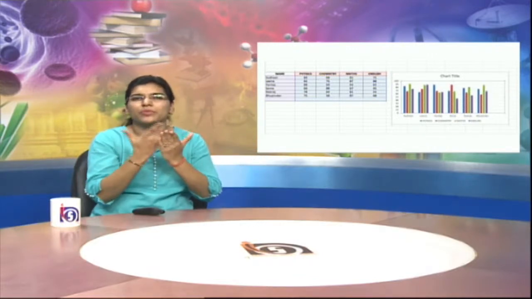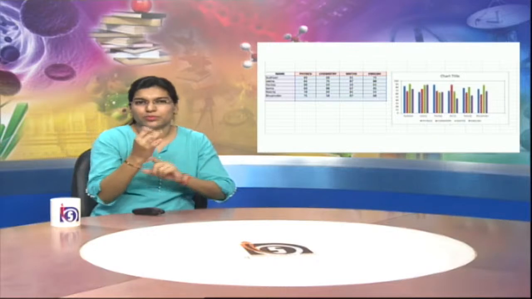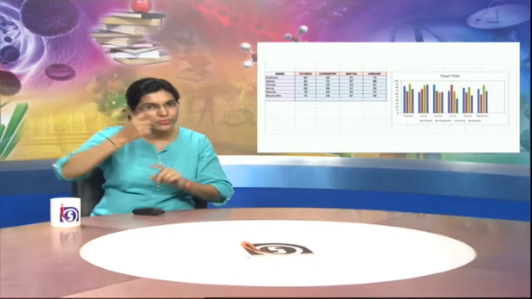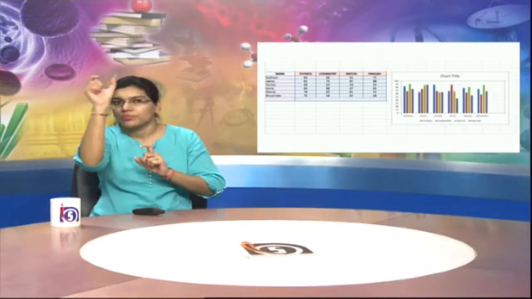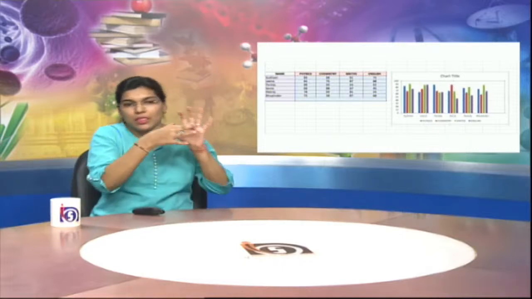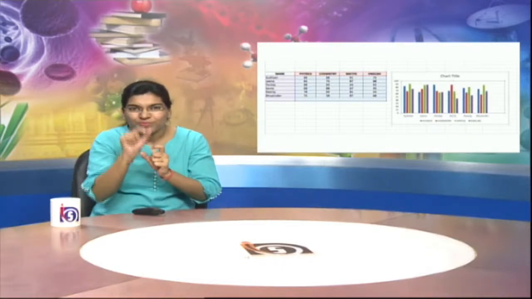I hope you understood. So similarly, there are students' names written, and physics, chemistry, mathematics, English, all the students' marks are written there. And then you click, then automatically that graph would be presented in color format that you can see on the screen.